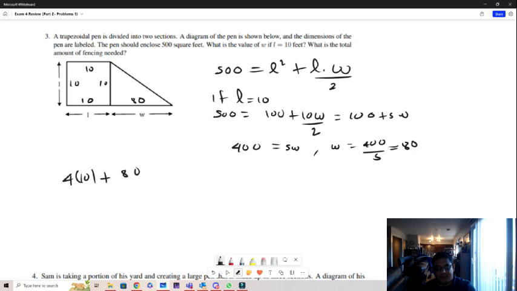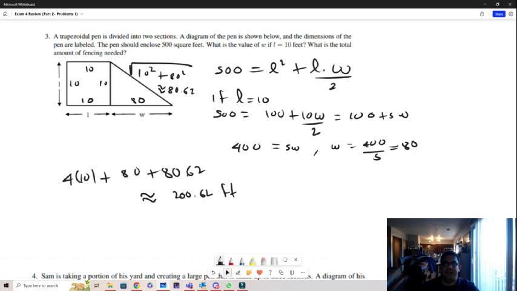We're only missing this part, but this part is like the hypotenuse of this triangle. So we can find it by doing the square root of 10 squared plus 80 squared, which is going to be 80.62. And so the total fencing is 4 times 10 plus 80 plus 80.62, which is around 262 feet.